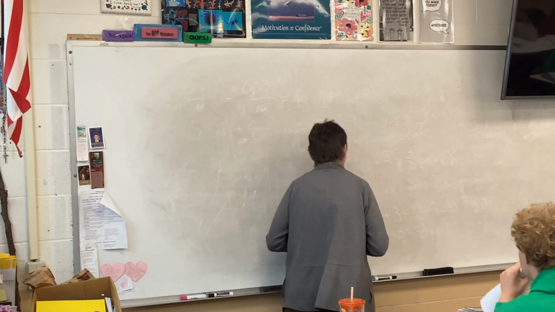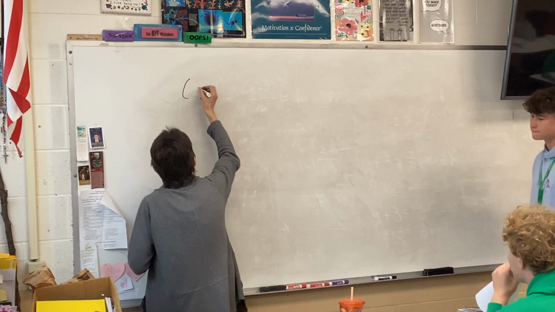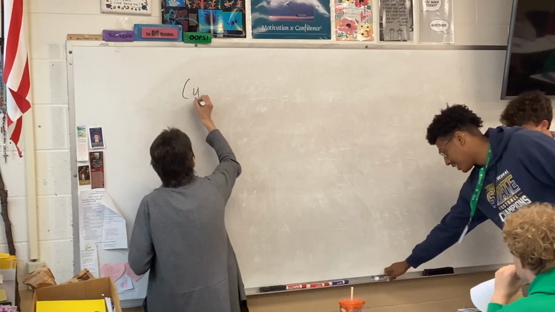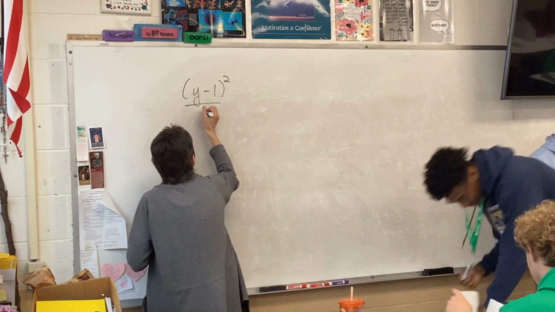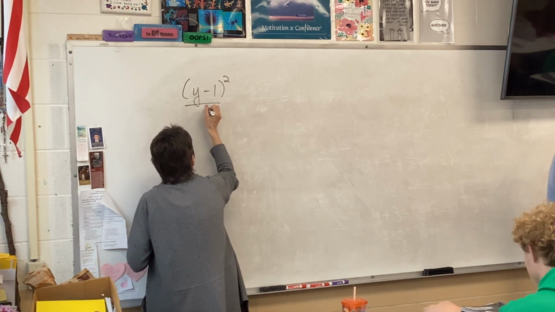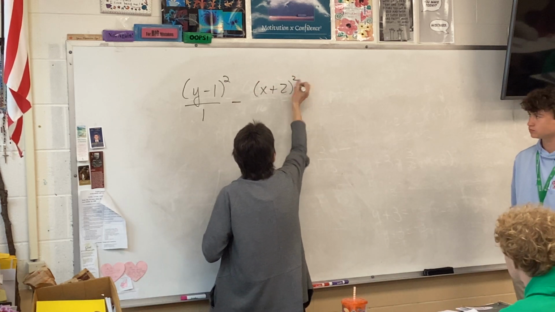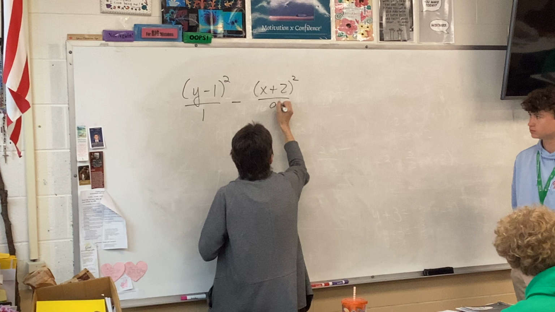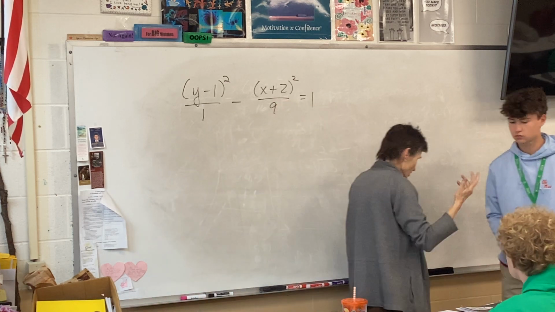All right, so here we go. We'll do another hyperbola. Everybody's doing it with us. Even the people who are perfect are doing it with us. Okay, there you go. So go ahead and start finding stuff.